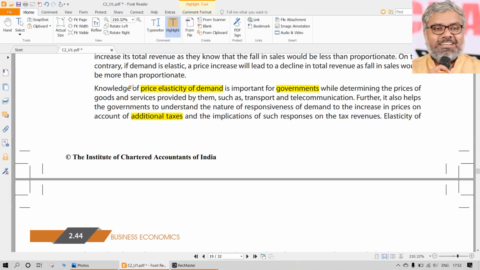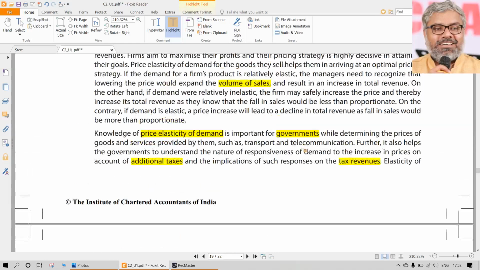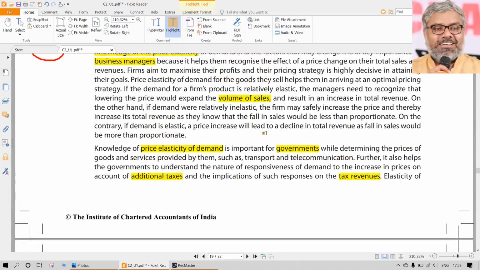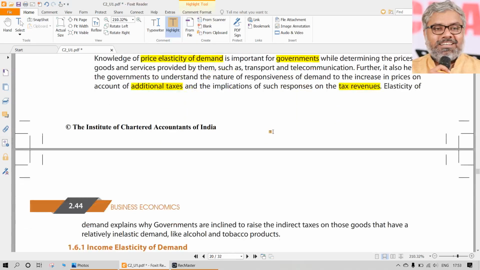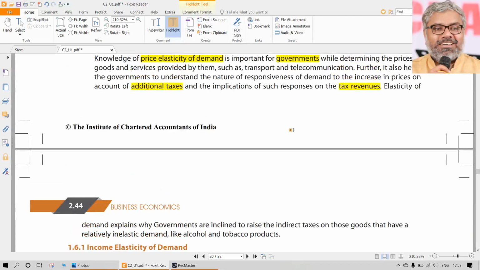So keeping that in mind, governments know the psychology of the people very well, so they levy additional taxes, and naturally they increase their tax revenues. That is how the elasticity of demand will have an impact on business decisions, and not only business decisions, even governmental decisions of levying taxes. So that is the example given here.